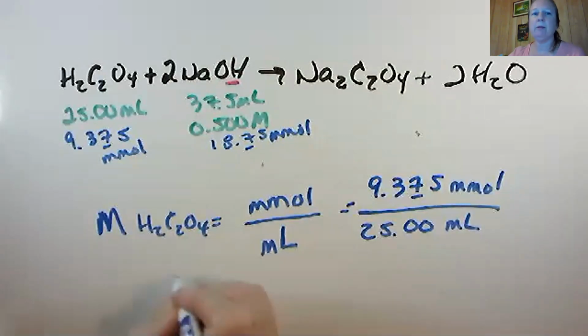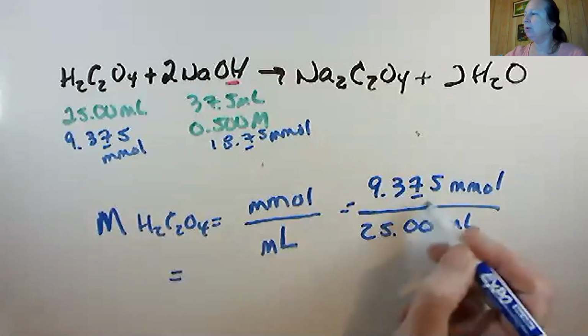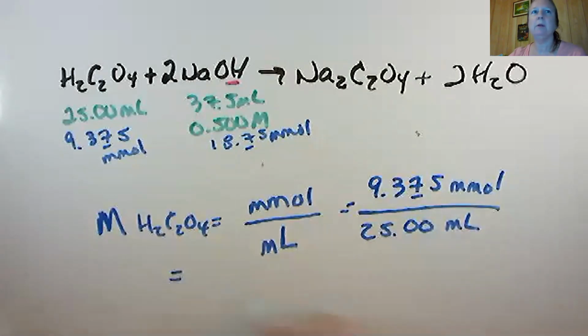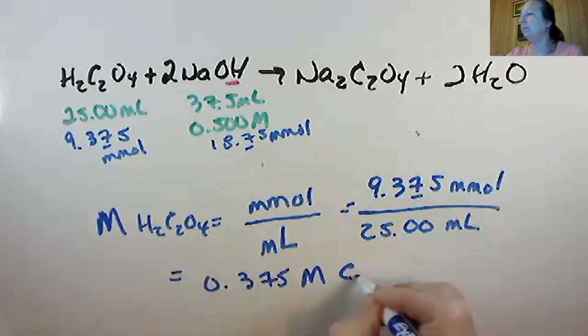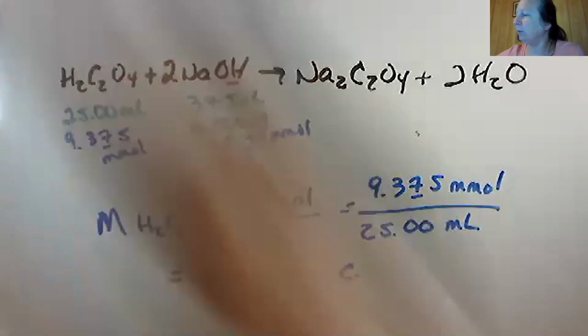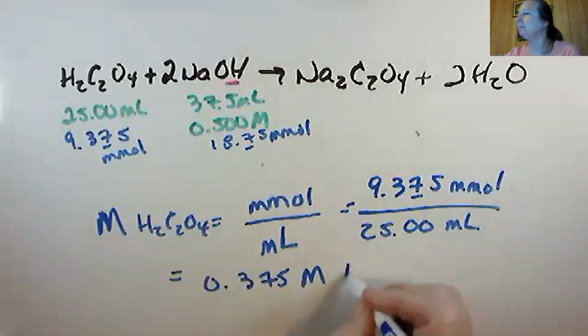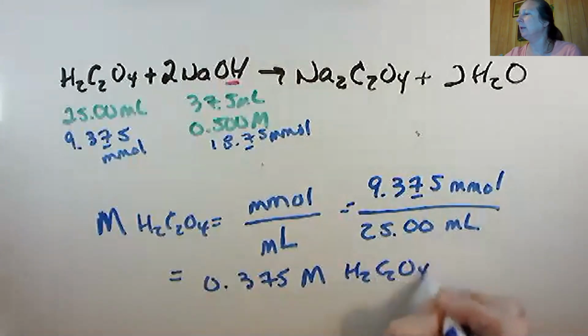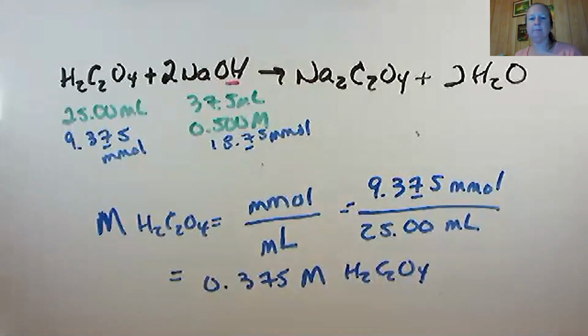So when I do the math, 9.375 divided by 25, and I remember that my answer has to be in 3 sig figs, my acid concentration, if I would write it correctly, is 0.375 molar.